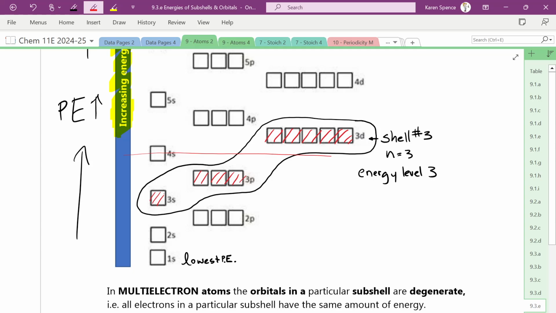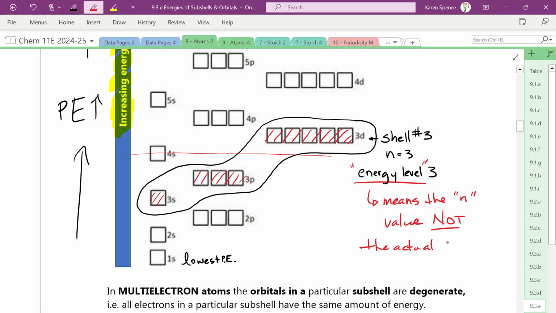So when we say energy level, we mean the n value, not the actual potential energy. Because, of course, we've got three different potential energies within that energy level, and then we've got the 4s inserting itself in between those, and it's all crazy, right?